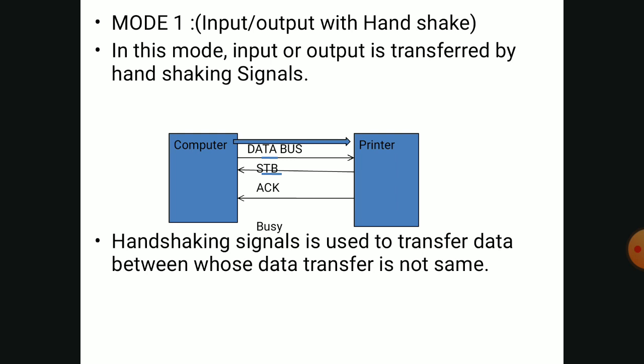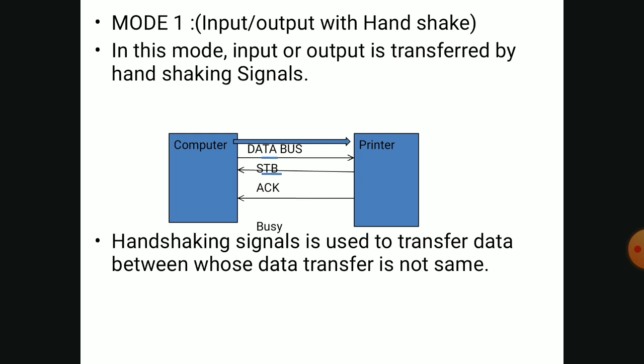See in this diagram, the computer is an electronic device, whereas the printer is a mechanical device. The computer is considered a faster device, whereas the printer is considered a slower device, right?